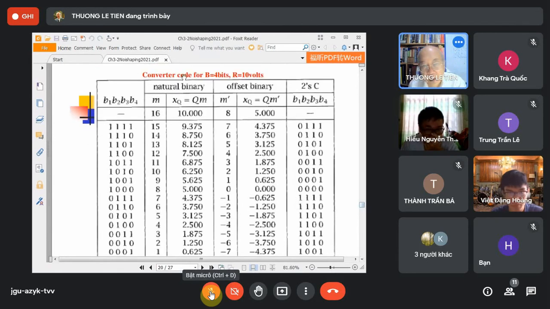Look here. Assume B is 4, R is 10 volts.